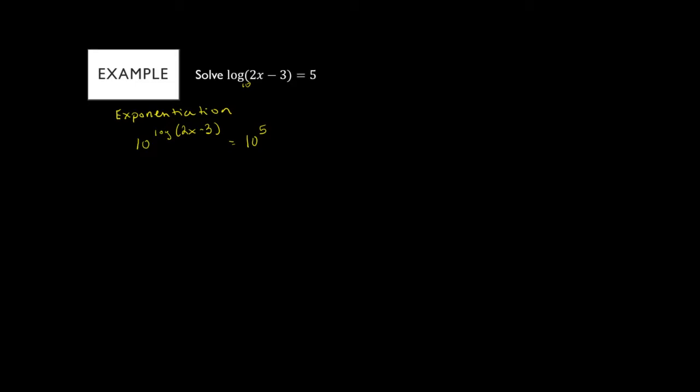Then the inverse property allows us to cancel on the left, because we've got 10 to the log base 10. Those cancel out and you're left with 2x minus 3 equals 10 to the 5th. That's generally how I do these types of problems.